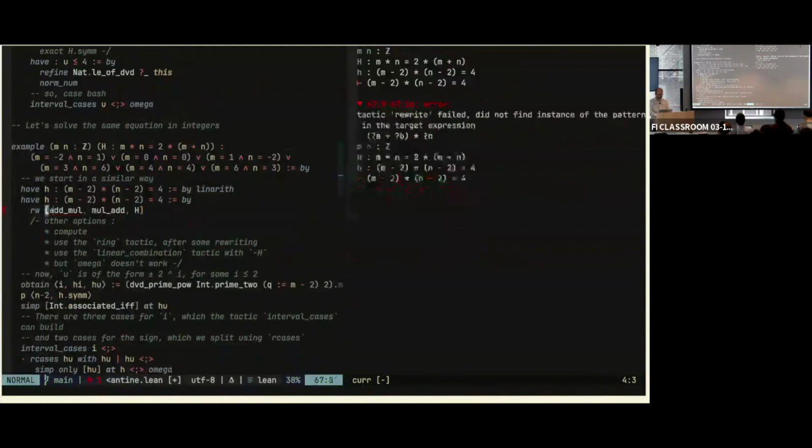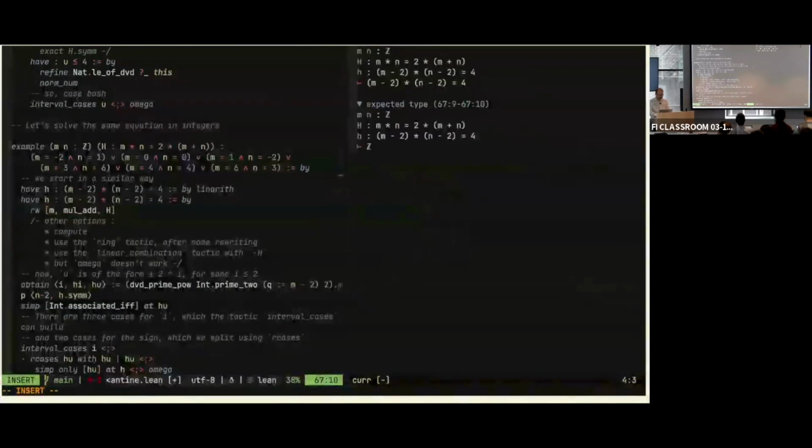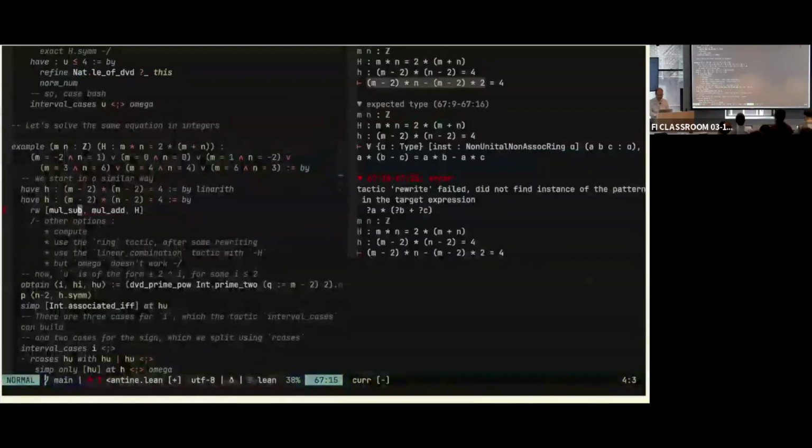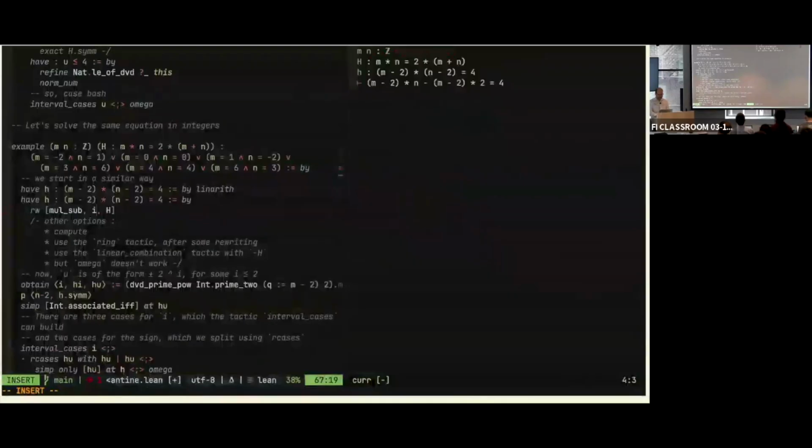What's happening? It's not add_mul because it's a subtraction, so it's mul_sub and sub_mul. Ring doesn't see the hypothesis, but rewriting does. Ring only sees the goal.